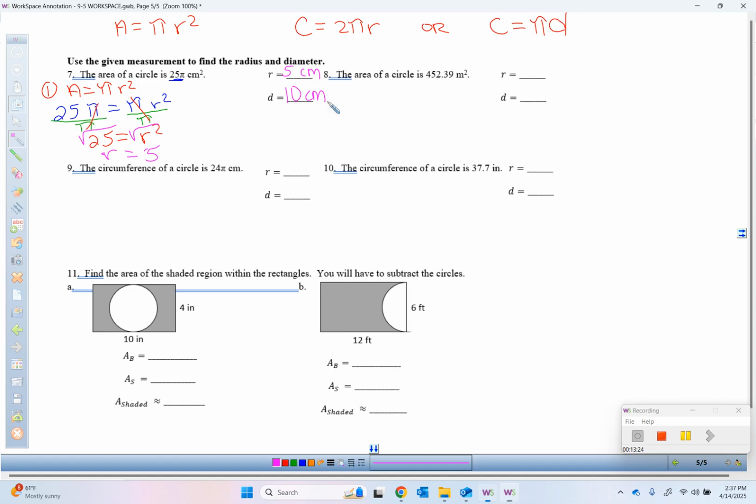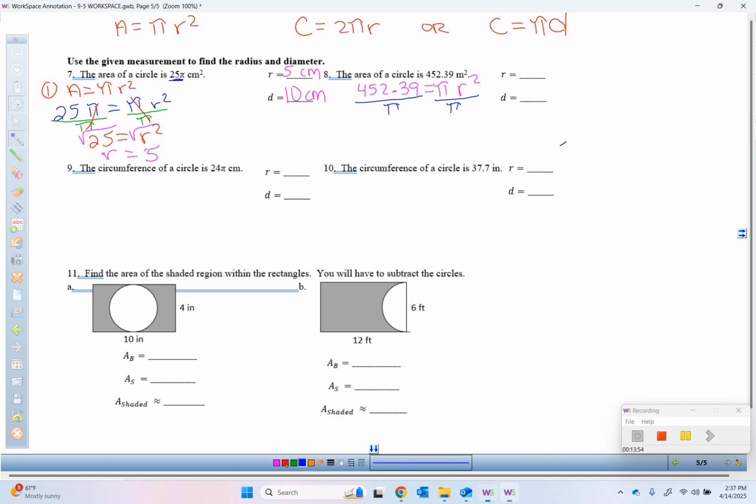Okay, so we're going to do the same thing on number 8. We know the formula, pi r squared, and this time it gives me my A of 452.39. Notice there's no pi behind it this time. That equals my formula, pi r squared. So once again, to get r by itself, the first thing we have to do is divide by pi.